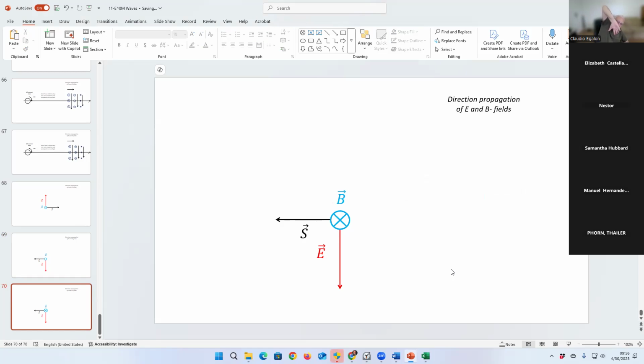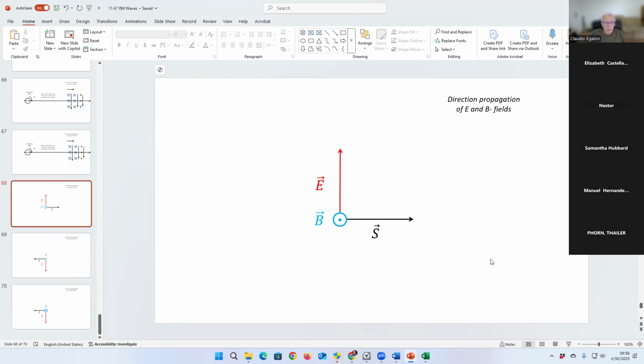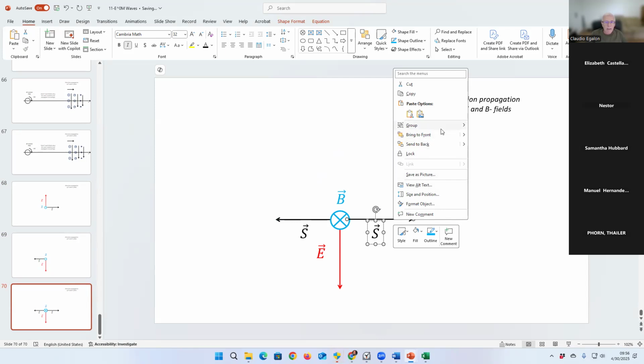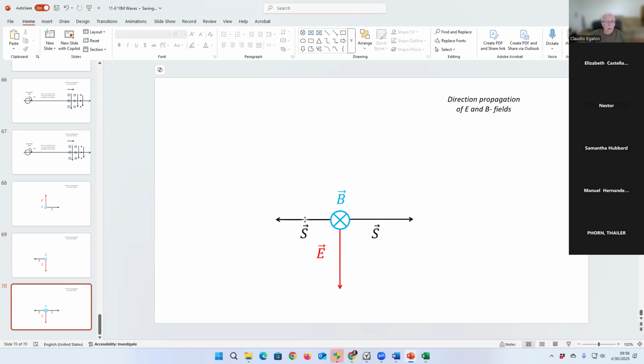Oh man, now I have E cross B, which should make the vector point the other way. Here you go, the vector of propagation is going to be the other way, and send back, and I can erase this one here.